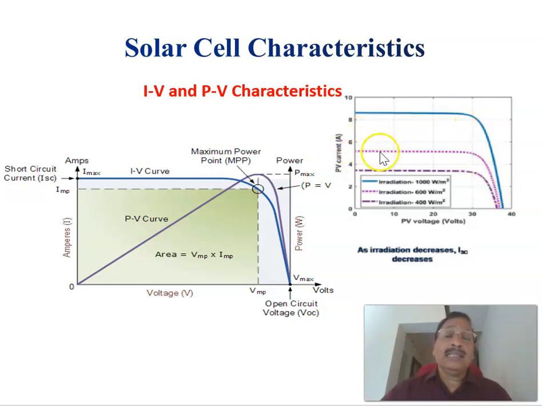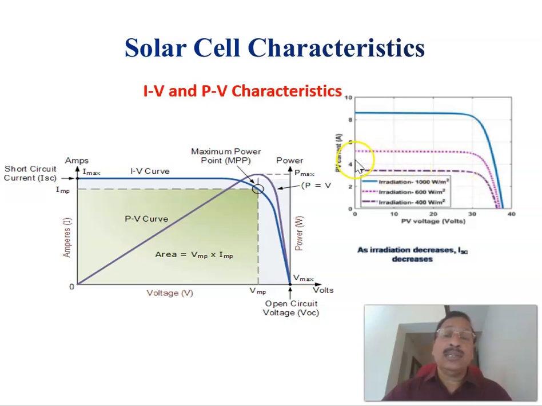Now, as this irradiation changes, for example from 1000 watts per meter square to 600 watts per meter square, the short circuit current reduces. This means the IV characteristic comes down to this one, which corresponds to the current voltage characteristic of a solar panel at 600 watts per meter square insulation.